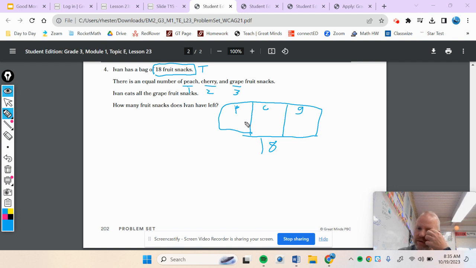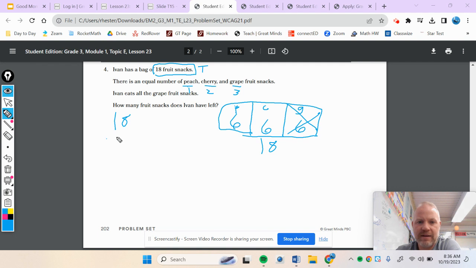So we know that we are dividing by how many groups? 3. So we count by our threes. 3, 6, 9, 12, 15, 18. 18, that's 6. So each group has 6. And he ate all the grapes. They're gone. So we have how many left? We had 18. There's 2 ways to do this.